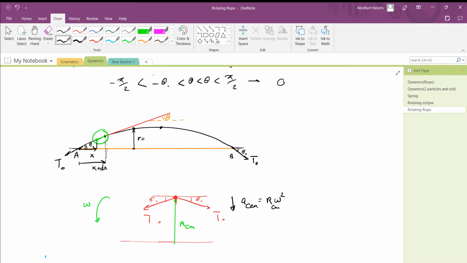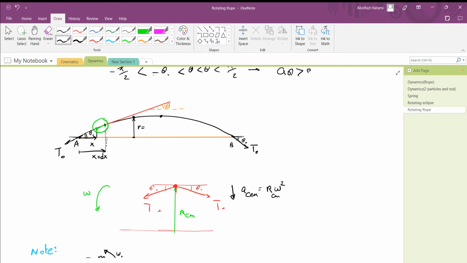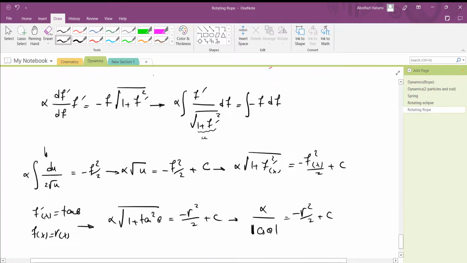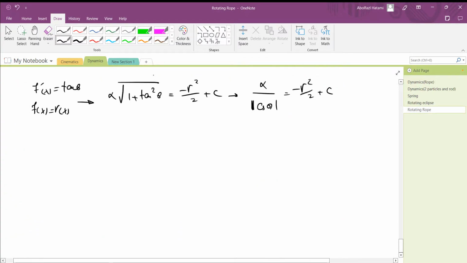So the cosine of theta is always positive. So here we can obtain that alpha over cosine of theta is equal to minus r squared divided by 2 plus a constant.